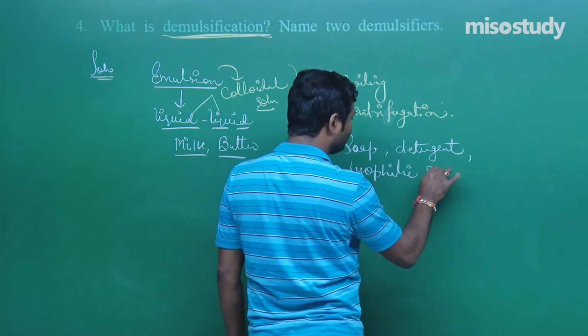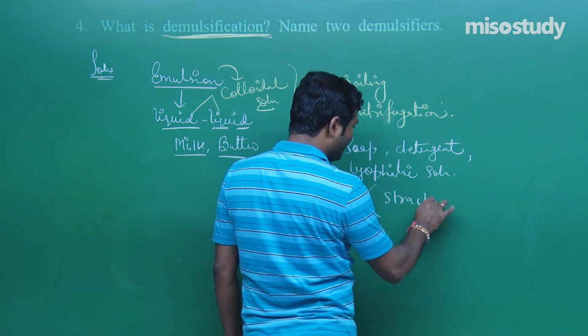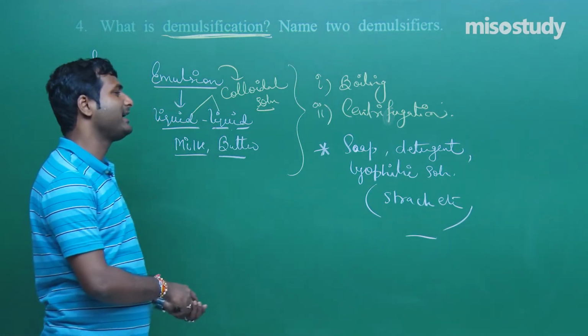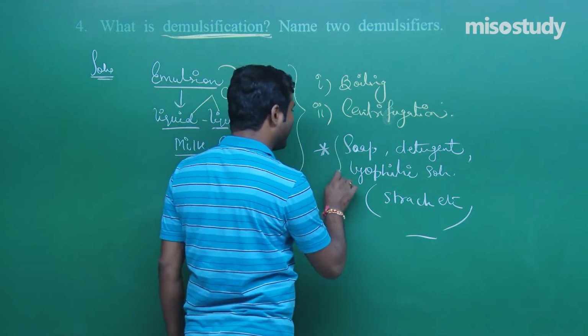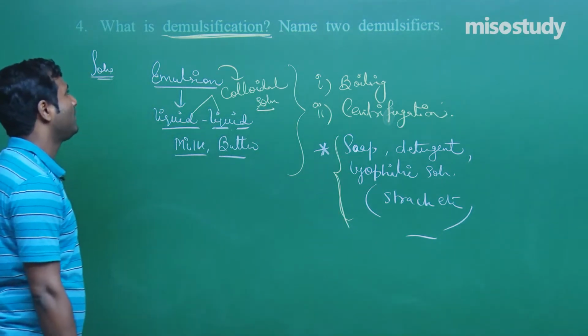Lyophilic sols, for example starch and cellulose, are examples which act as emulsifying agents. So what is demulsification?